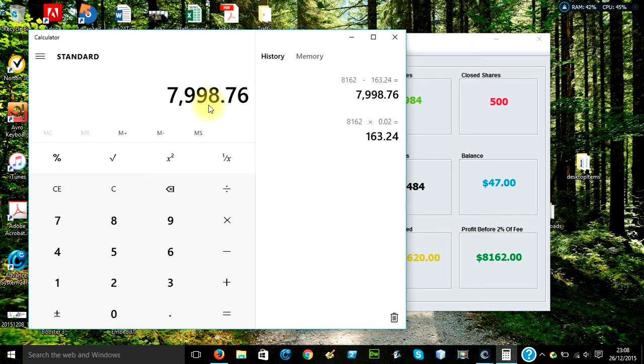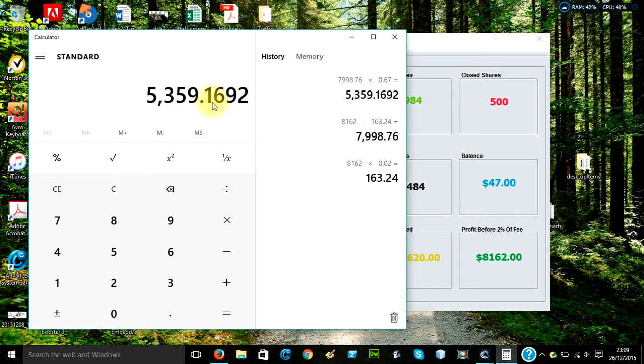Now if you are from the UK and want to know your profit, with this result you multiply by 0.67, because we know that today's $1 is equal to 0.67 pence in UK money. So if we calculate this and say equal, you're going to make £5,359.16 or 17 pence.